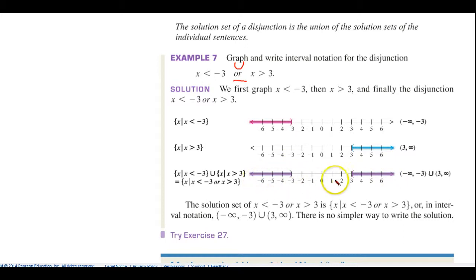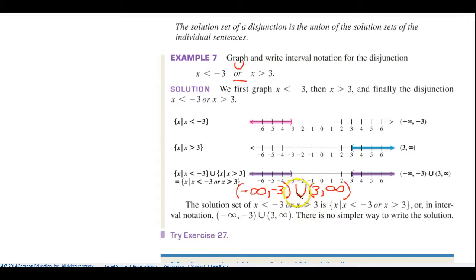Now notice if you have the graph done, this is going to work out very well. Where is this coming from? Negative infinity. Where is it going up to? -3. Now, we want to show that this is union, so we actually use the symbol union, and then it starts at 3 and goes to positive infinity here.